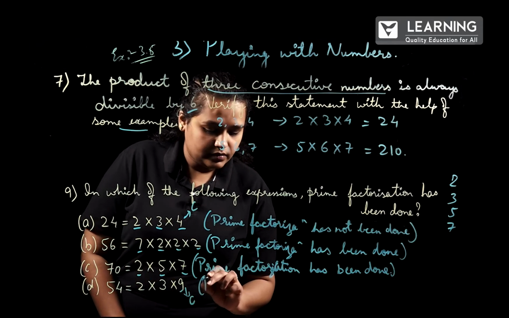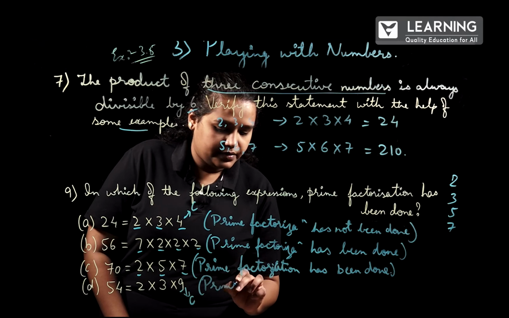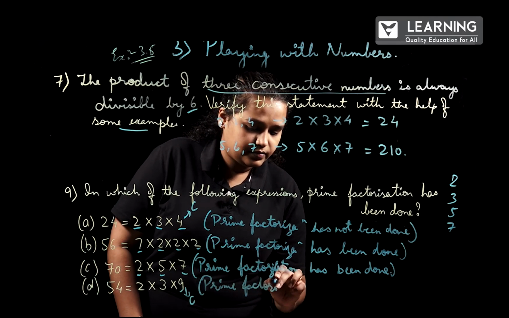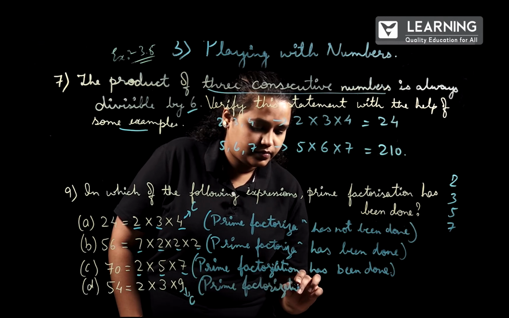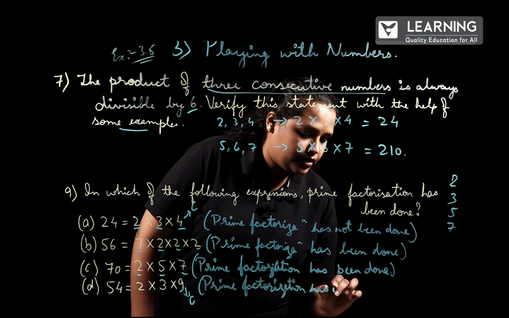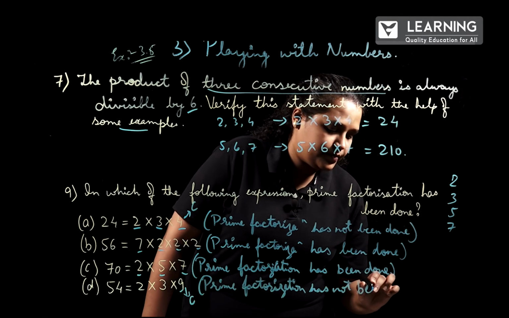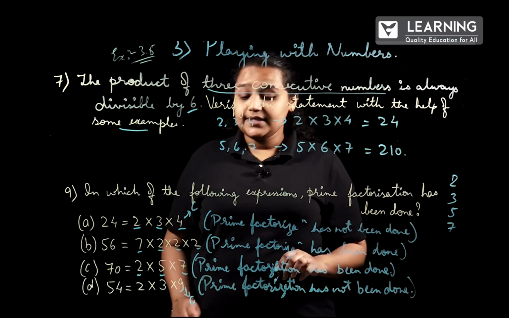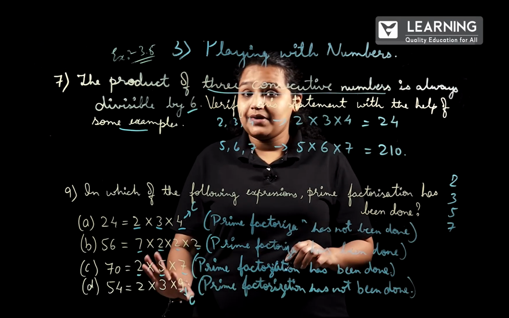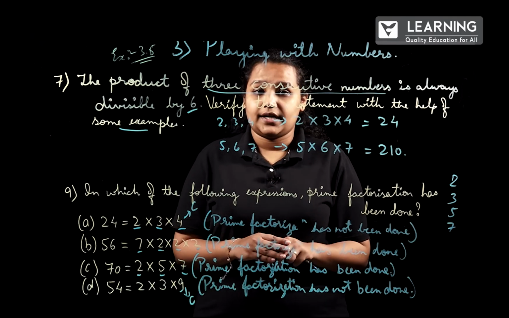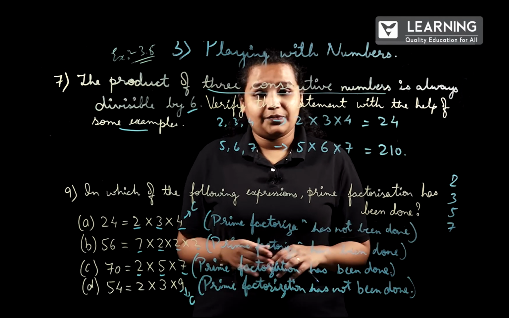So, prime factorization has not been done, and the reason here is 9 is not a prime number, it is composite. So, we will move to the 10th problem.